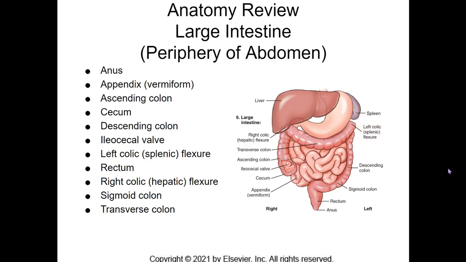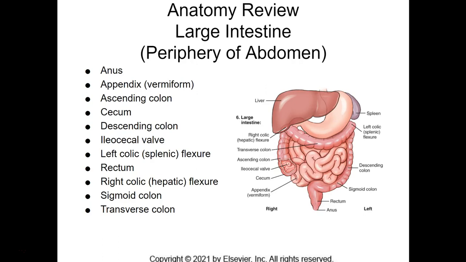The descending colon continues as the S-shaped sigmoid colon, which you can kind of see here, in the lower left quadrant of the abdomen. The rectum is the final 6 inches of the large intestine. The rectum ends at the anus, which is the sphincter muscle at the terminal opening of the large intestine. And remember, terminal just means the end of.